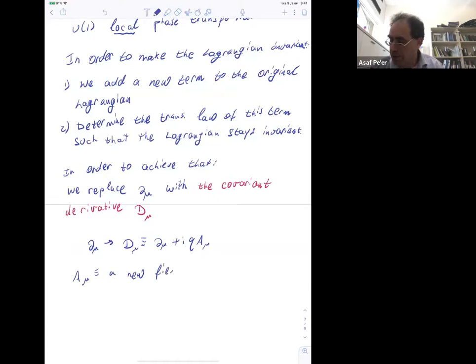At the moment, I'm not going to say anything about this field, although I guess some of you can guess what field it is going to be.